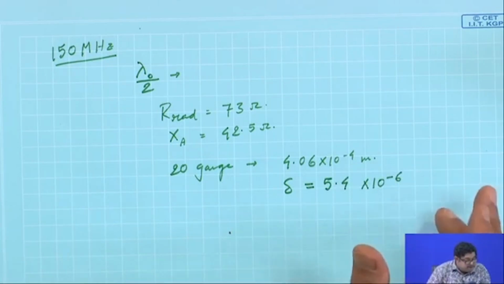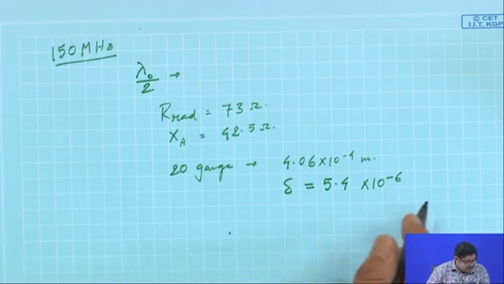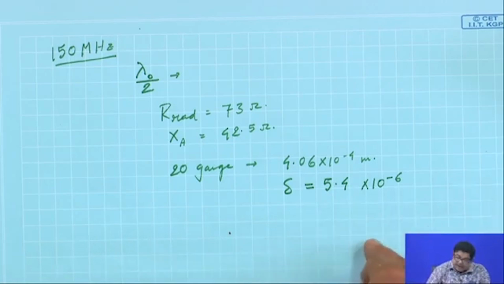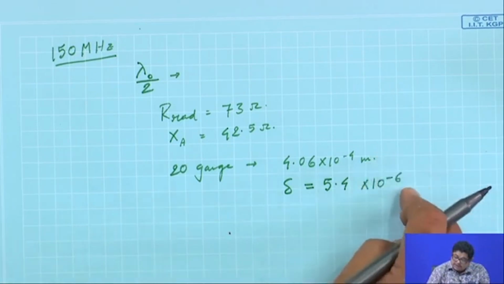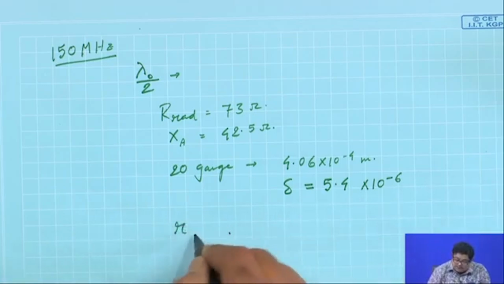It is a copper wire. So, you can find skin depth will be this. So, the radius is much larger than skin depth. So, high frequency approximation for wire resistance can be used. What is that?